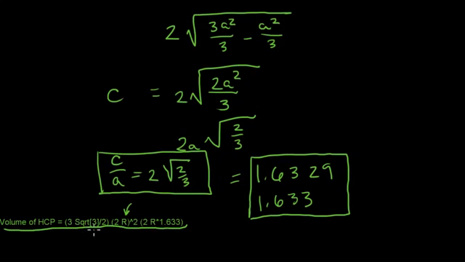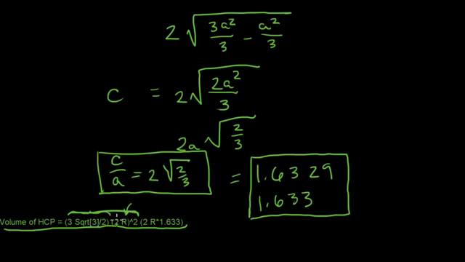What all this is, is the area of the hexagon, which is 3 square root of 3 divided by 2 times t squared, where t is the length of one of the sides.